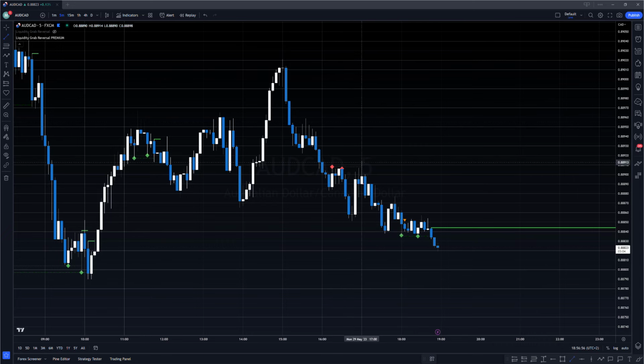So here you have liquidity grab, and here you have pivot high, the closest pivot high to the liquidity grab, and between them there should be not more than 10 candles. It can be if you want, but if you want to find the best trades, it should be less than 10 candles.